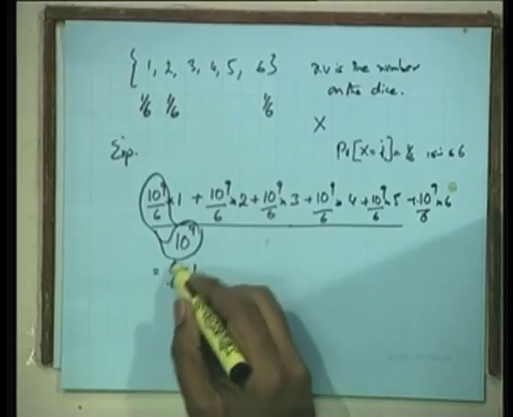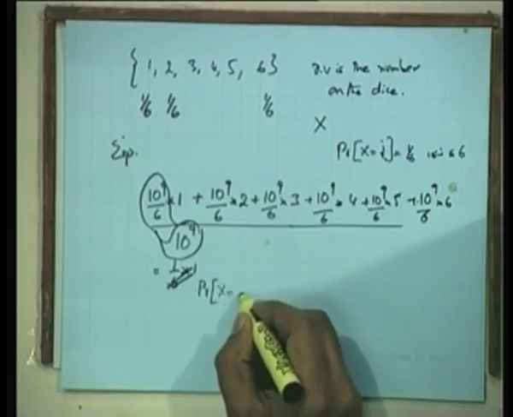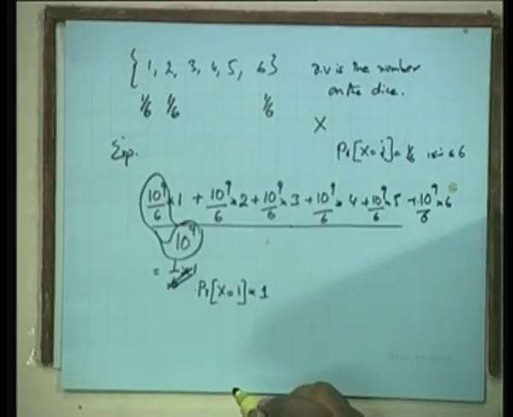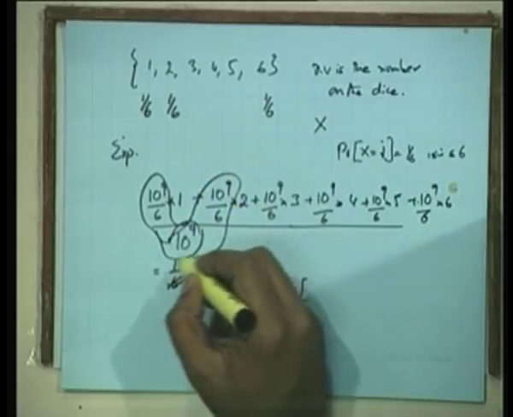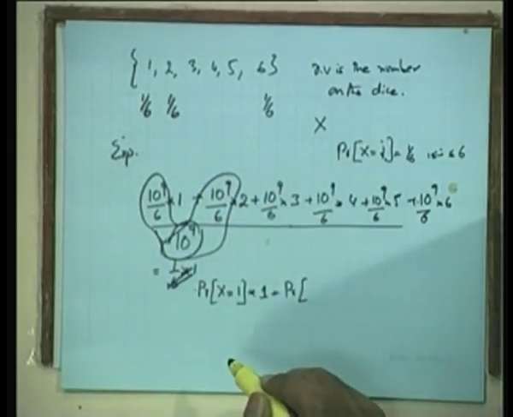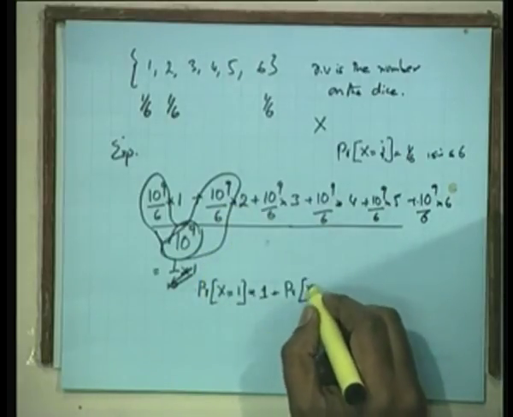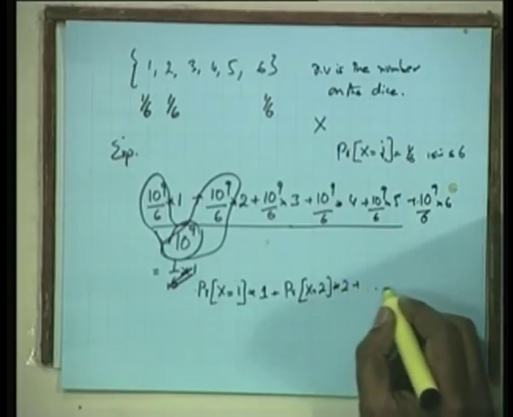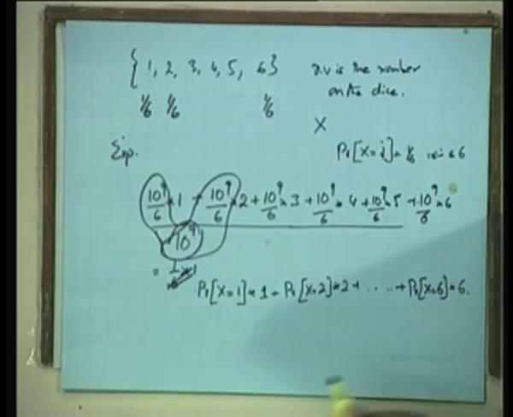So this is 1 by 6, or I could even have written it as probability that the random variable takes the value 1, times this 1, which is the value of the random variable, plus probability that it takes the value 2. So probability X equals 2 into 2 and so on, probability X equals 6 into 6.